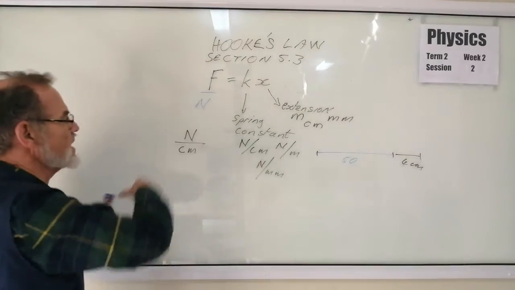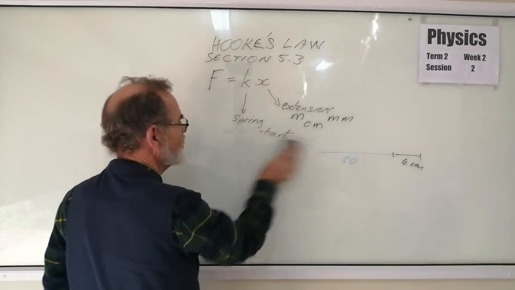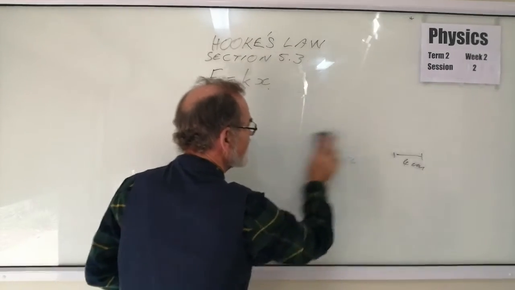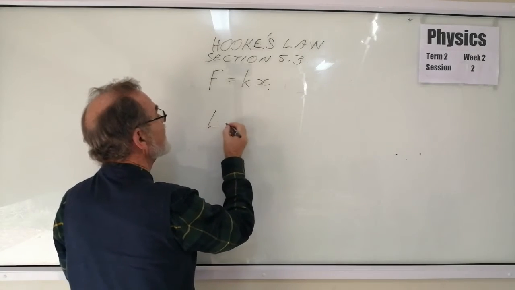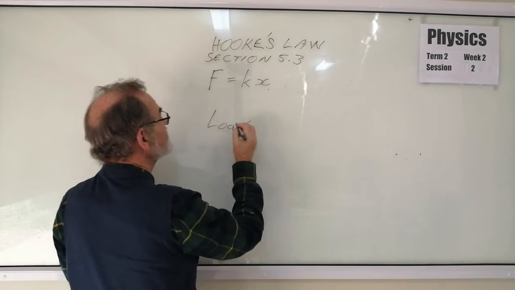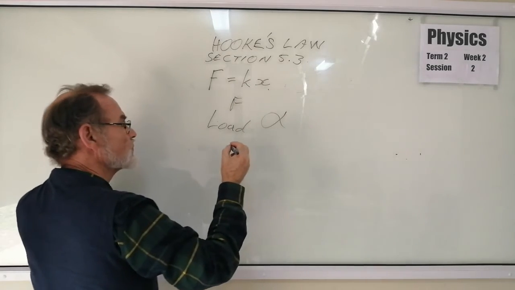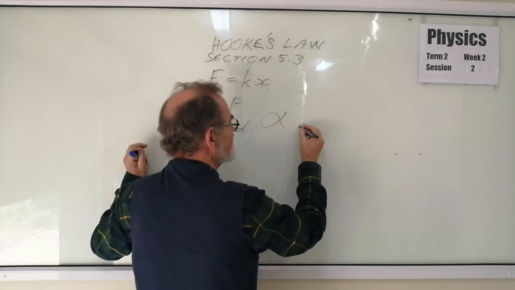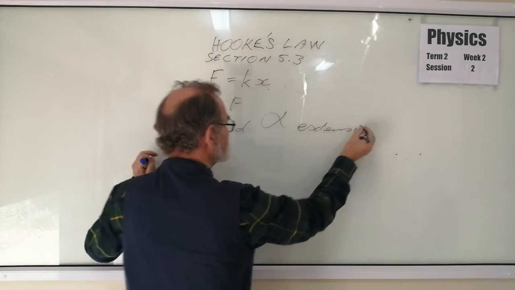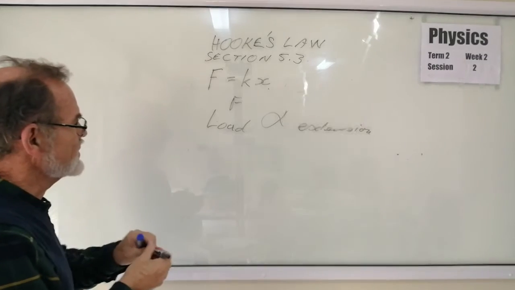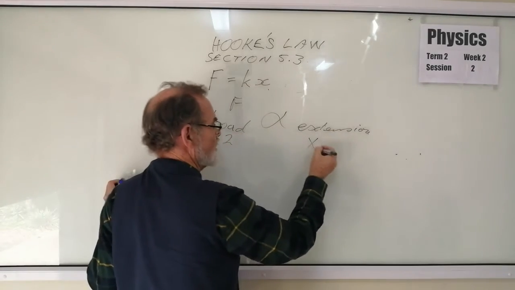Hooke's law says that this load, we can write it like this: the load, which is the force F, is proportional to the extension. Which means that if this load doubles, then this will double.